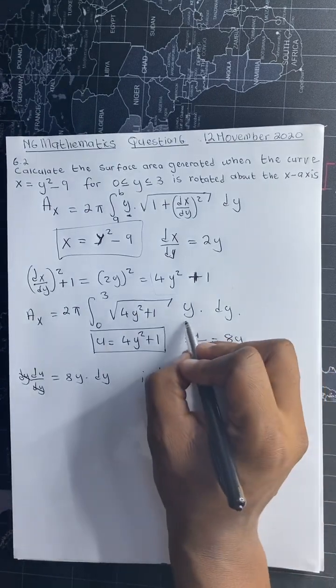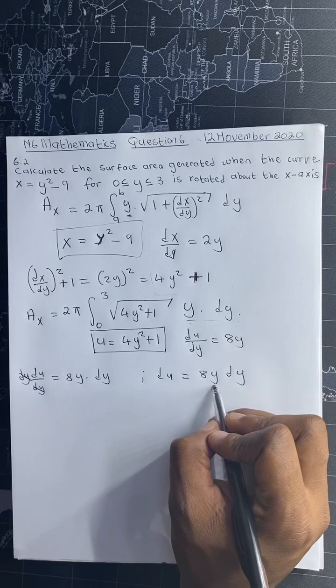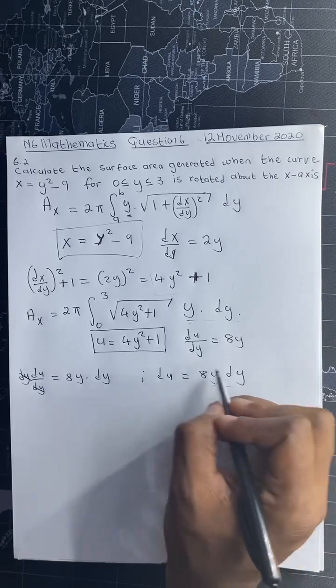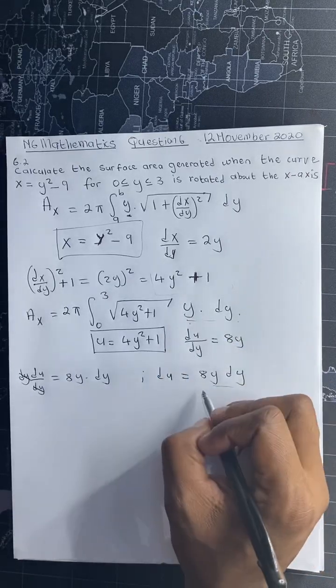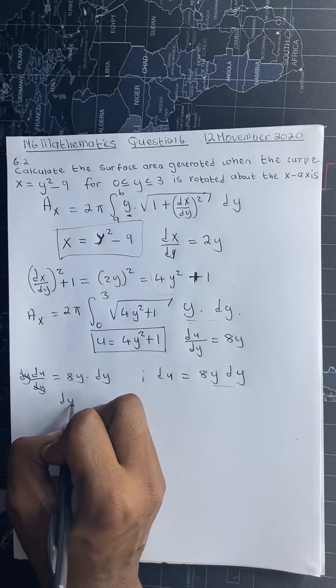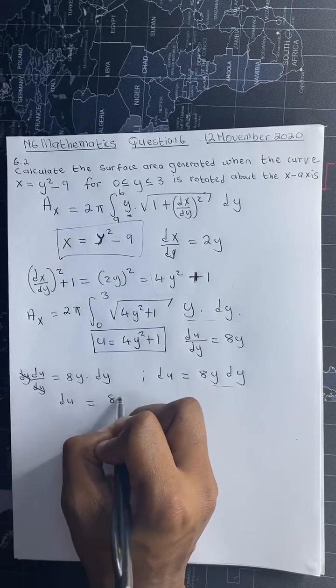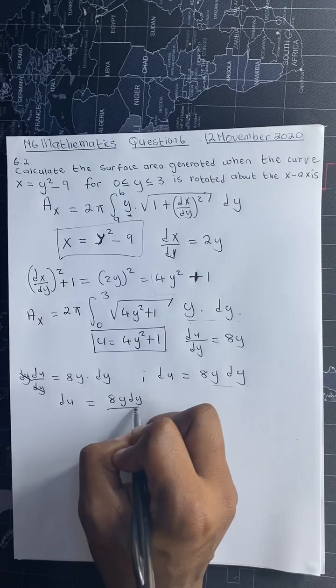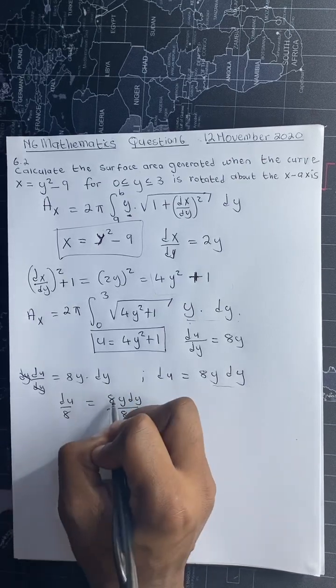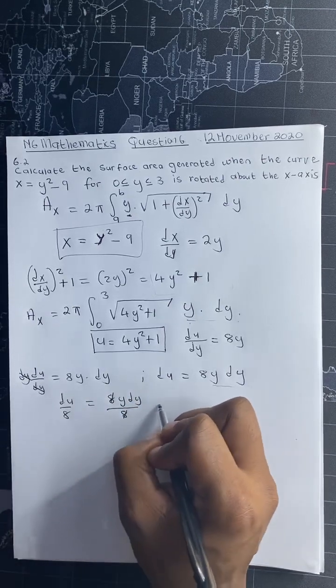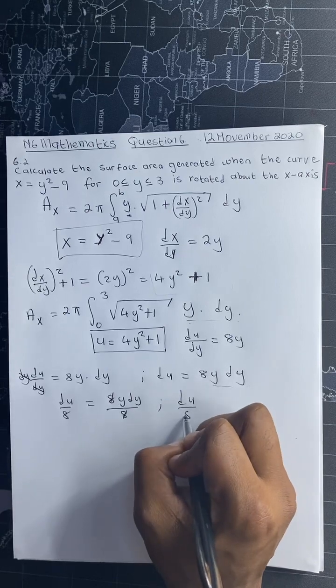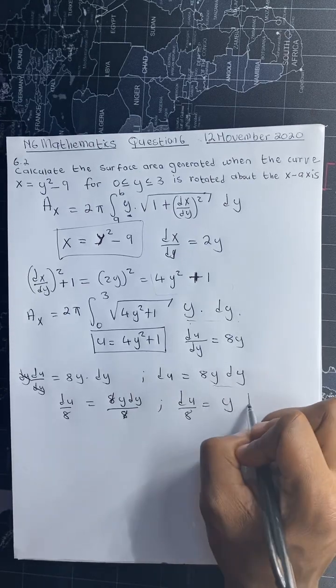So we have y dy here, and we also have y dy, but it doesn't have the 8. So let's divide both sides by the 8. So that will cancel out, and du over 8 will be equal to y dy.